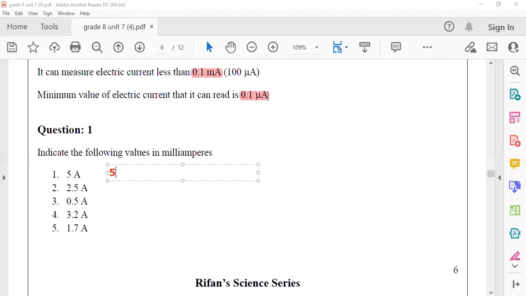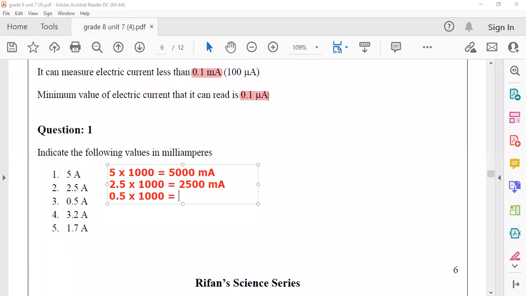So 5 ampere means 5 into 1000, that is 5000 milliampere. 2.5 ampere means 2.5 into 1000, that is 2500 milliampere.